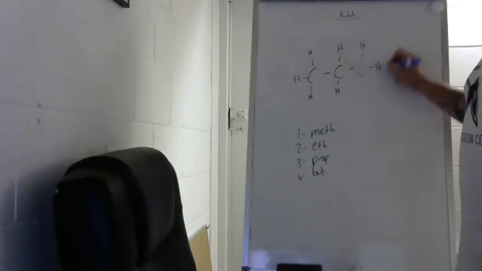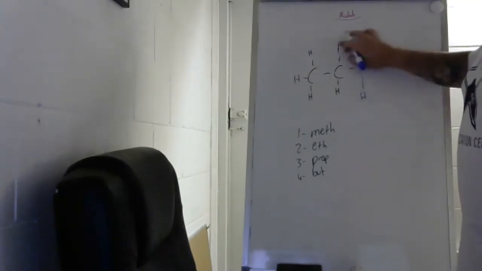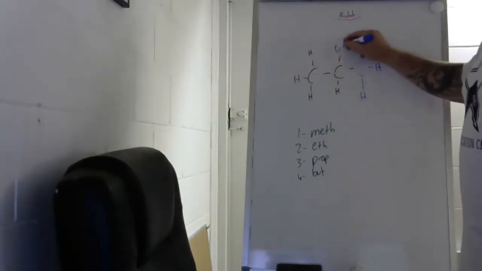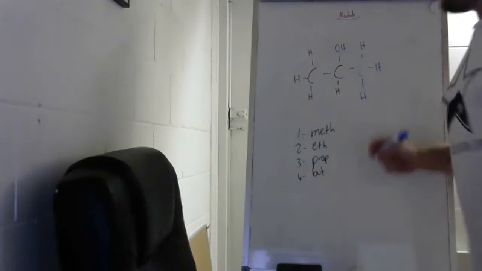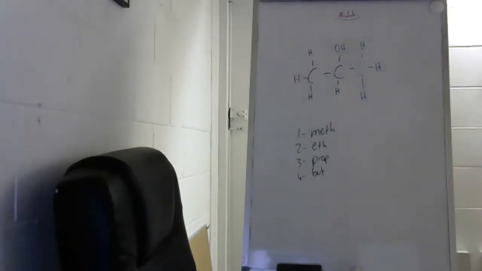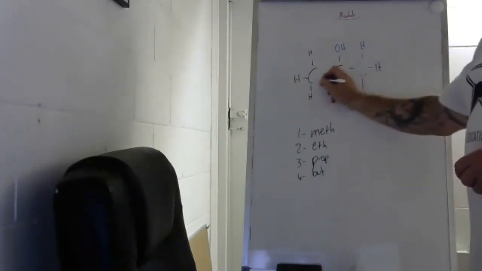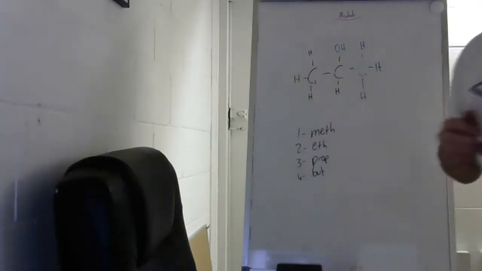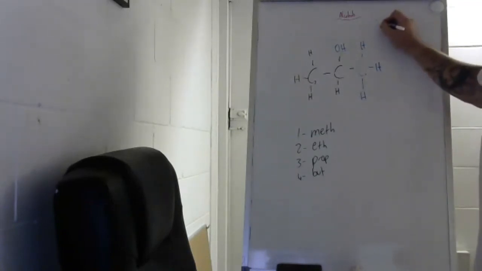Now our alcohol, or our hydroxyl functional group, is attached to the middle carbon. And our middle carbon is attached to two other carbons. So you guessed it, this is a secondary alcohol.